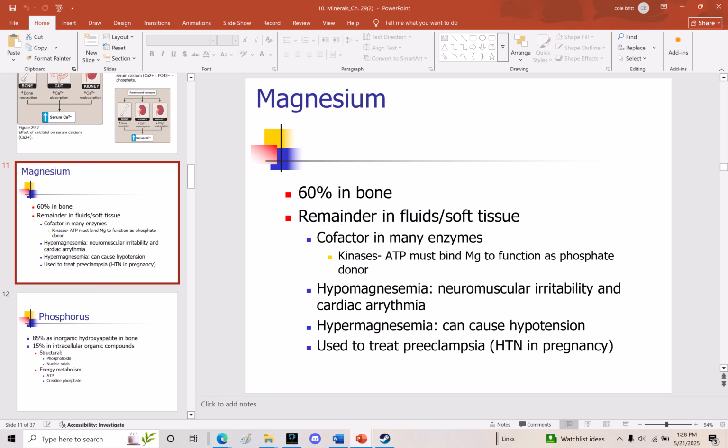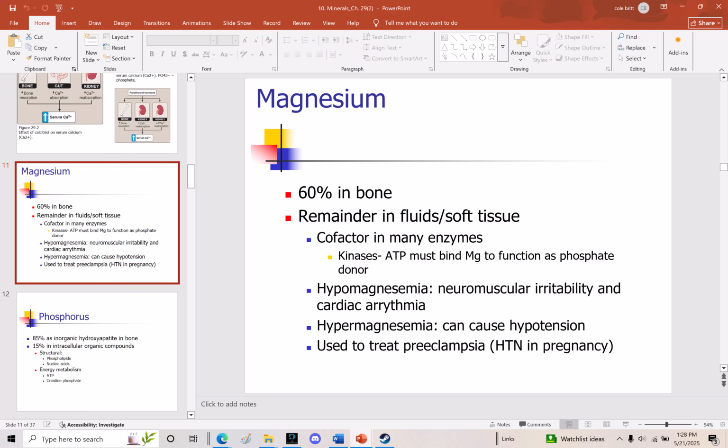ATP requires magnesium, and a lot of enzymes do, particularly kinases, if I were to keep it that simple. Definitely when you're breaking down ATP, you've got to have magnesium or you can't break down ATP.